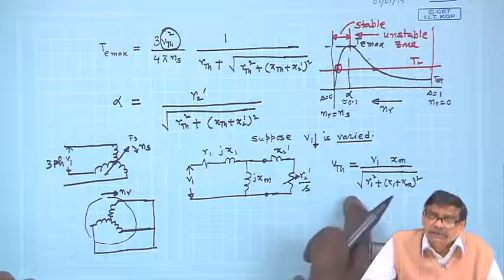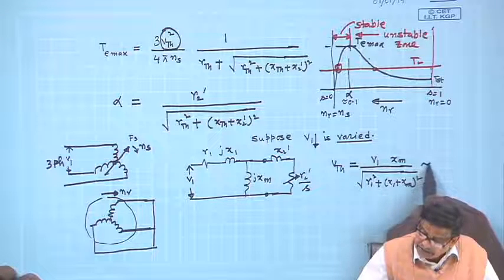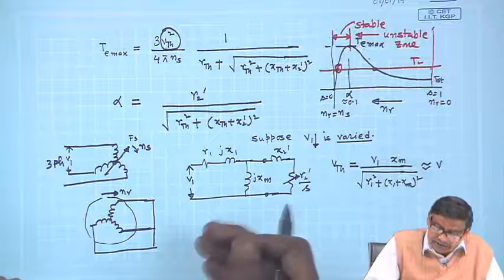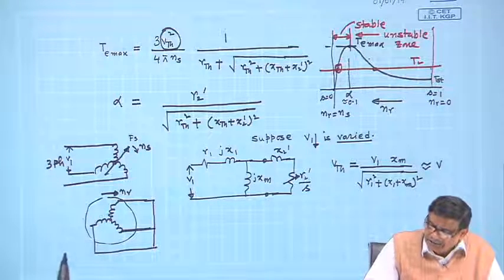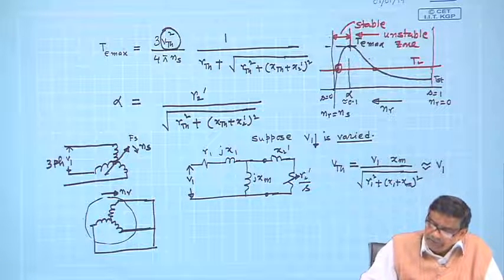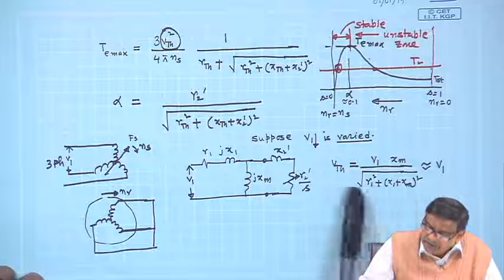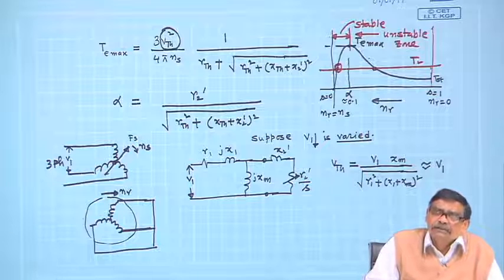Generally R1 and X1 are small. So, this is approximately, not a bad idea to understand what is going to happen if V1 is varied, to approximately tell that this is close to V1, because if you neglect R1 and X1, Xm will cancel, and it is approximately V1.